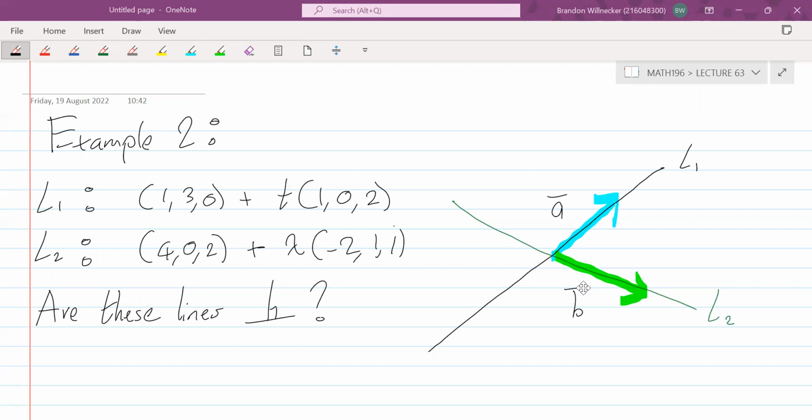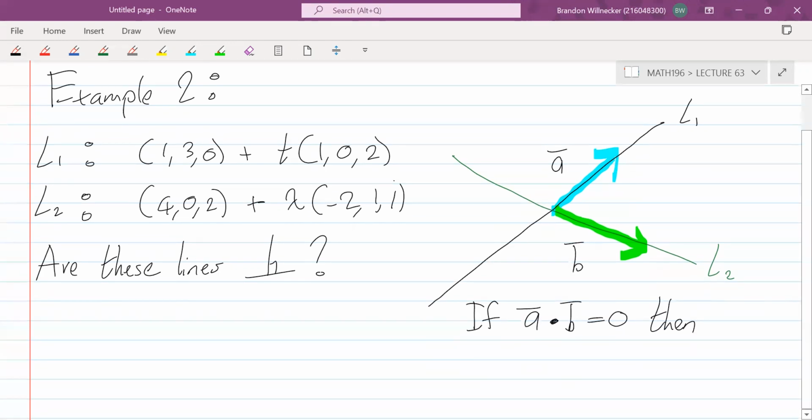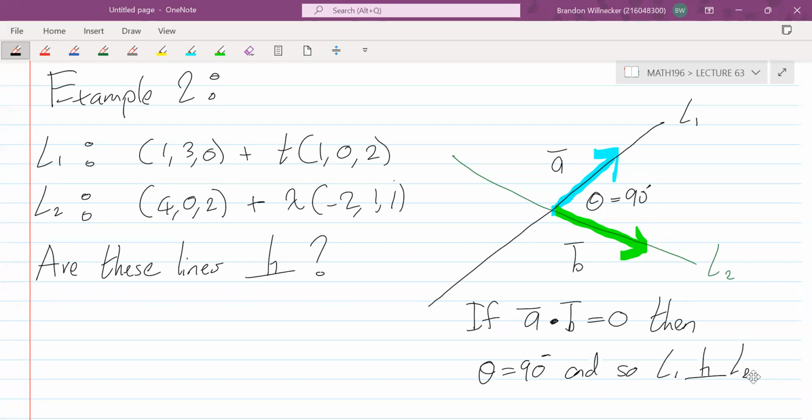Okay, because that means the angle is 90. So if A dot B is 0, then the angle is 90. So this angle here would be 90. And so L1 would be perpendicular to L2. Okay, so how do we find these vectors A and B?